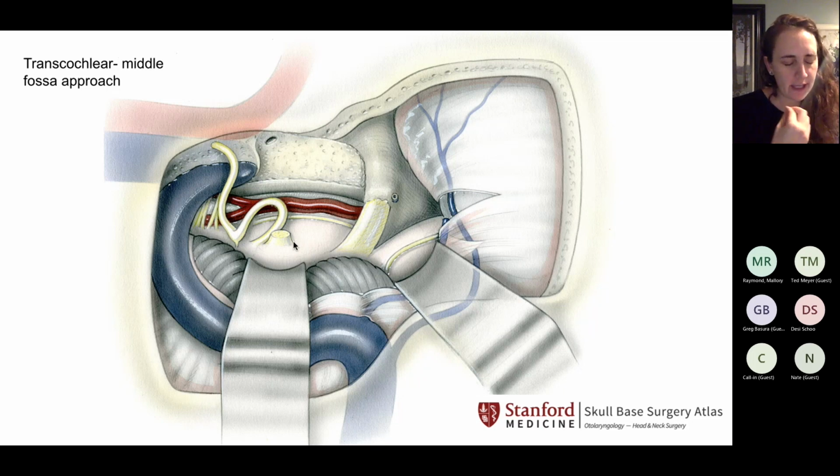The facial nerve can partially recover tone, but often with synkinesis. And obviously they lose hearing and vestibular function as well. So it is an extreme version of the approach, often only utilized if the patient already has hearing loss and facial weakness on that side.